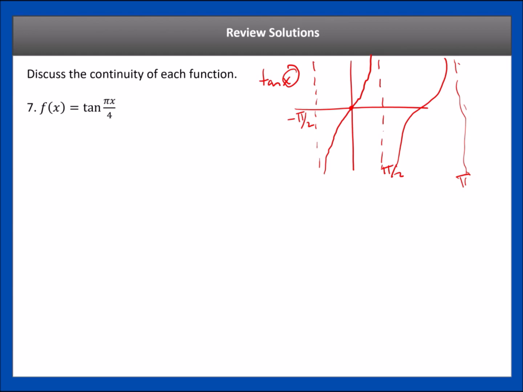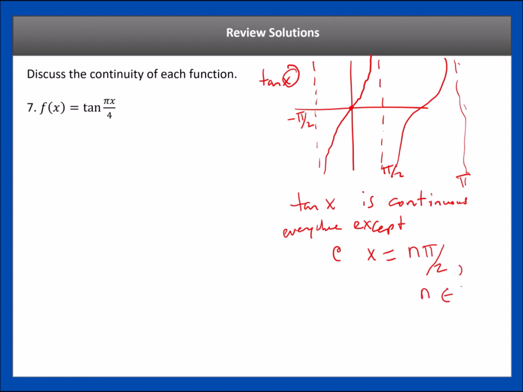So what we can say is that for the tangent function, this is continuous everywhere except at x equals n times pi over 2, where n is a positive integer.